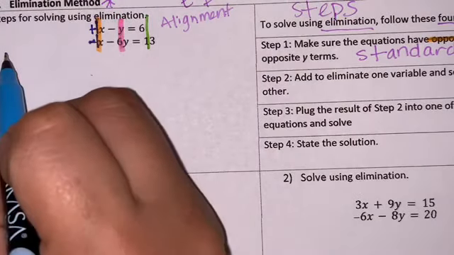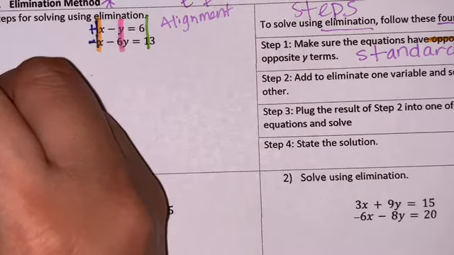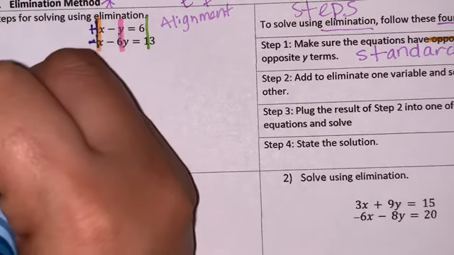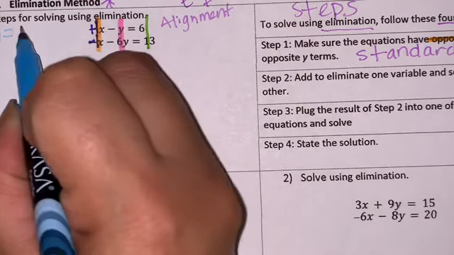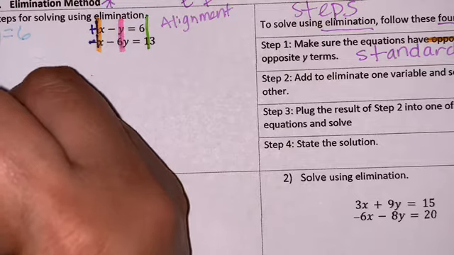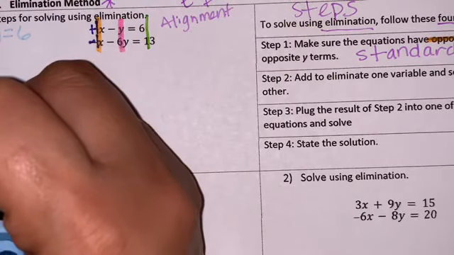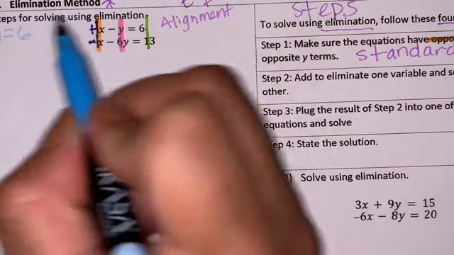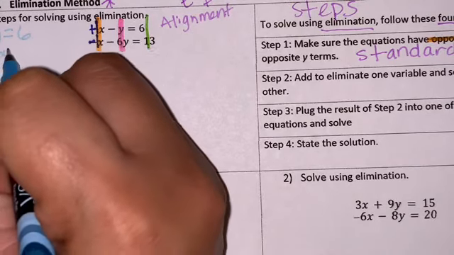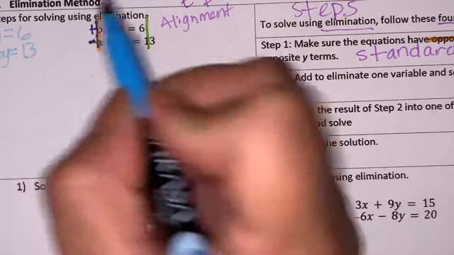Okay, so the first step, I'm going to rewrite my equation. 1x minus y equals 6 plus negative 1x minus 6y equals 13.